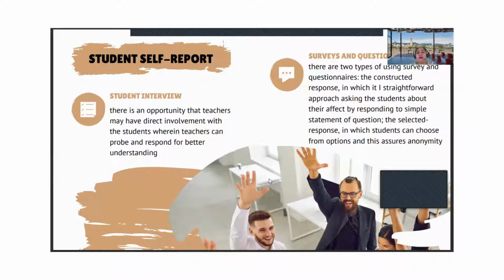So in the constructed response, it is a straightforward approach to the student, while on the other hand, in the selected response, the student selects the response, like a multiple choice question.